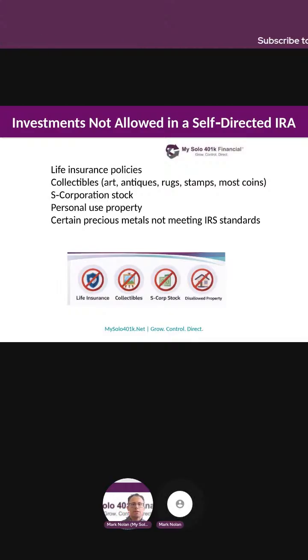Now, also S corporation stock. Neither a self-directed IRA nor a solo 401k can invest in S corporation stock. The reason is simple. The S corporation rules restrict shareholders to eligible individuals and certain trusts. It does not allow for retirement accounts, whether a solo 401k or an IRA, to be a shareholder in an S corporation.